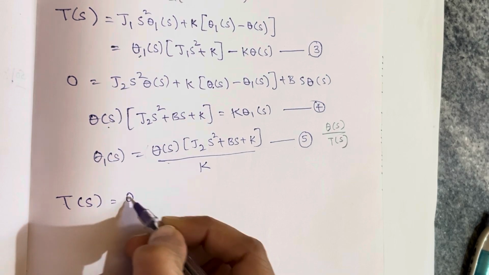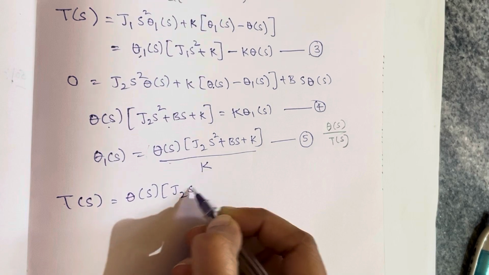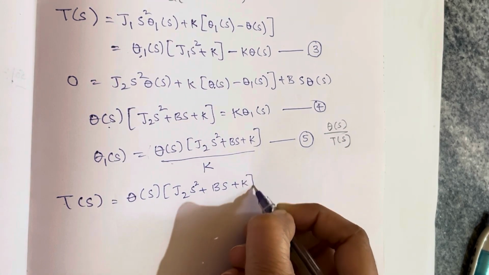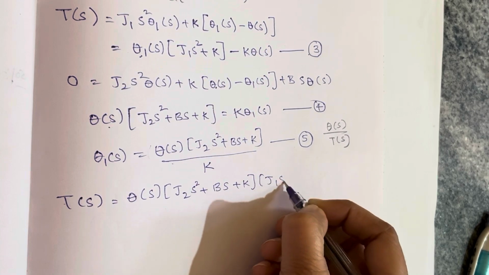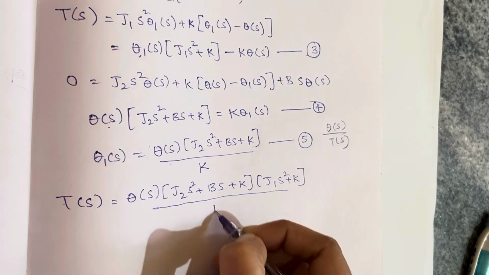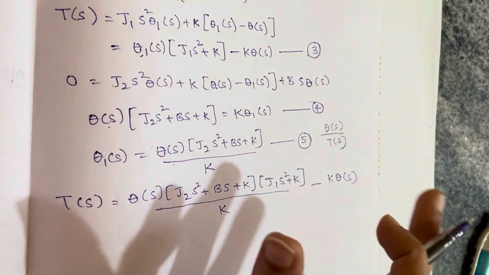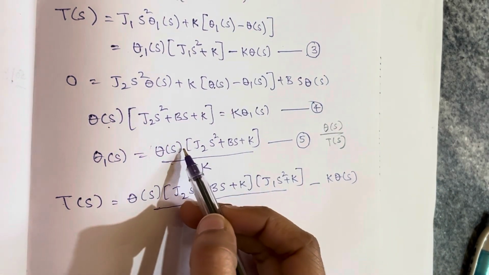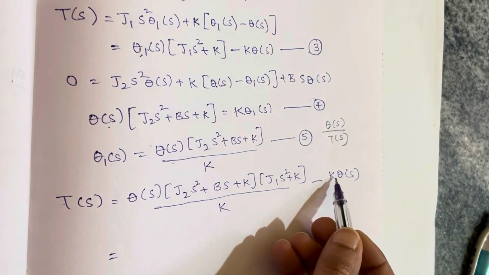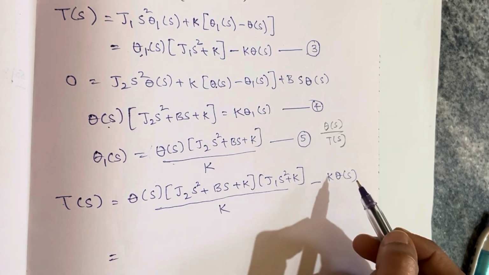Theta of s into (J2 s square plus bs plus k) into (J1 s square plus k) whole by k, minus k theta of s. I did nothing, I have just substituted equation number 5 in equation number 3. That's all. Now after taking LCM, I am taking theta of s as common from these two terms.